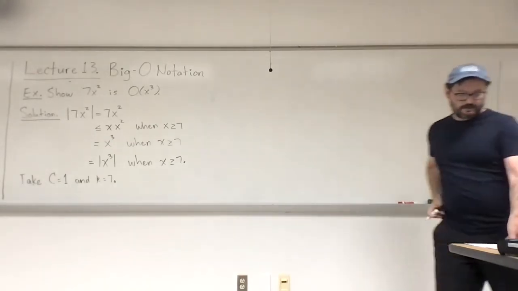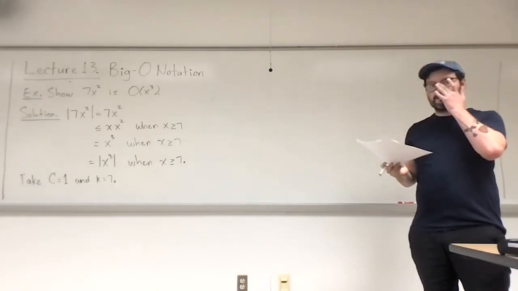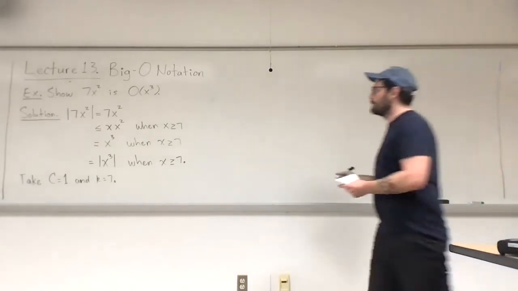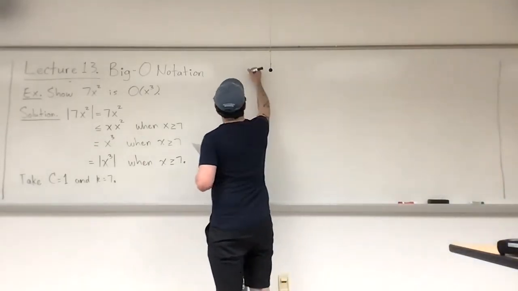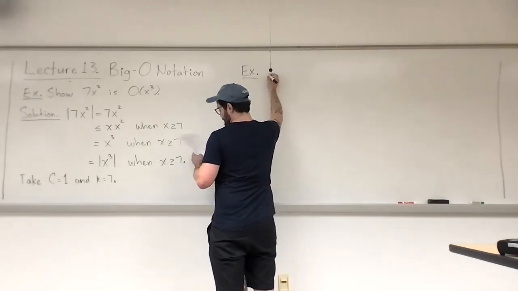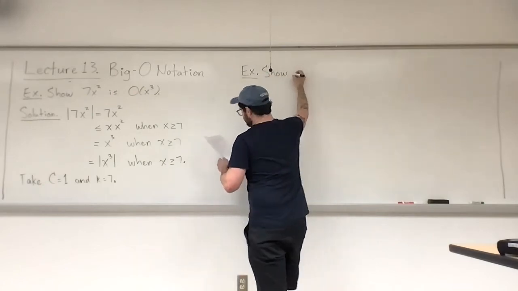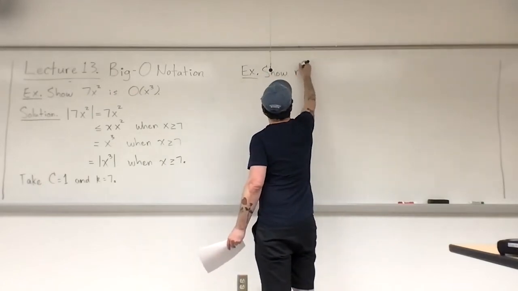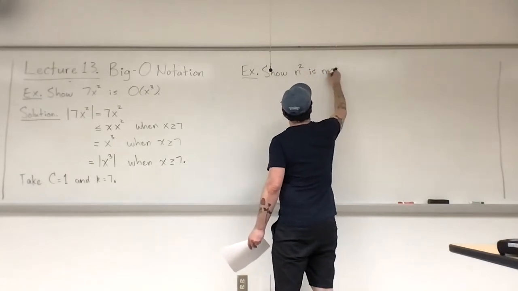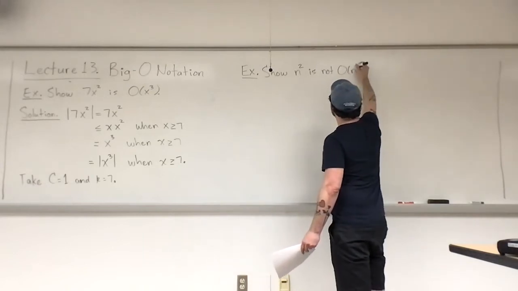Okay. Now, let's look at a case where we show that a function is not big O of another one. So, show n squared is not big O of n.